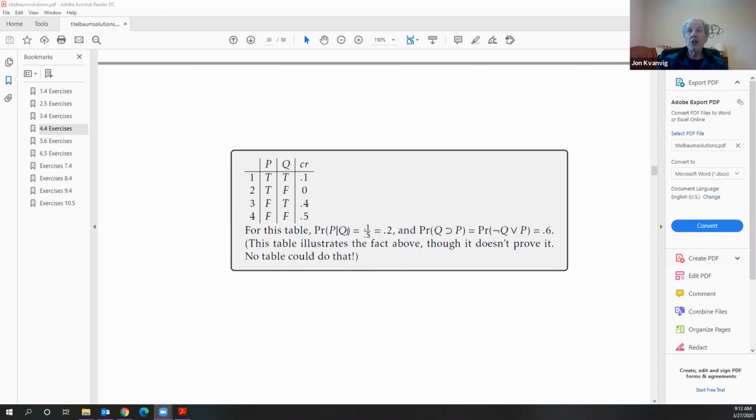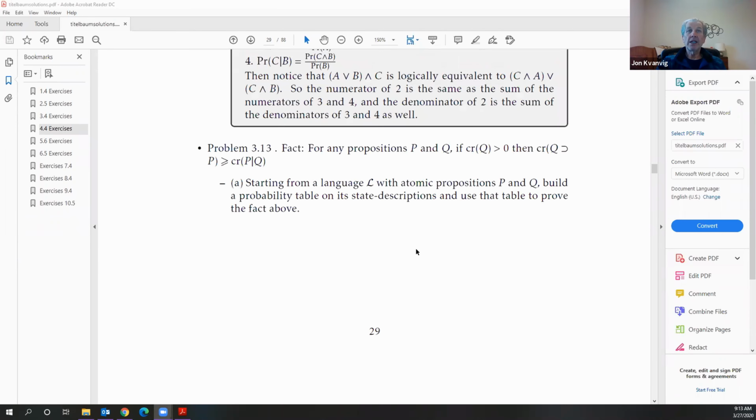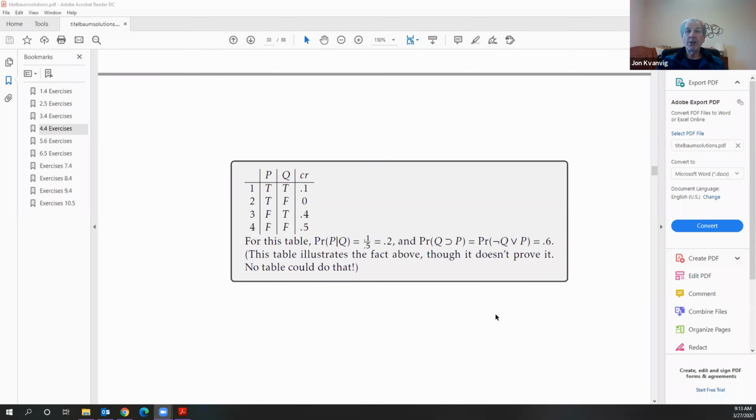Well, P given Q is P and Q over Q, so that's 0.1 over 0.5, which is 0.2, and the probability for Q horseshoe P is the sum of the not-Q lines or the P lines, and that's 0.6. So it illustrates the fact in question. This probability is greater than or equal to the probability of P given Q. So that's what we were supposed to prove.